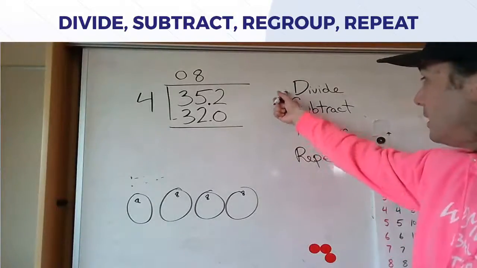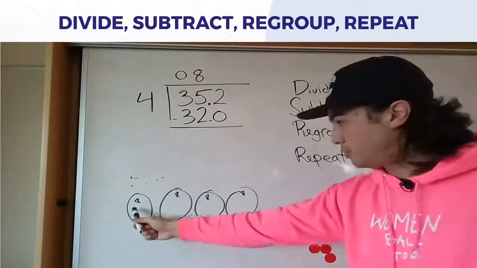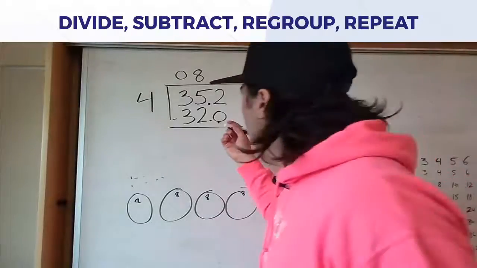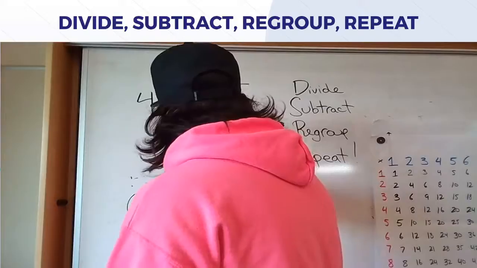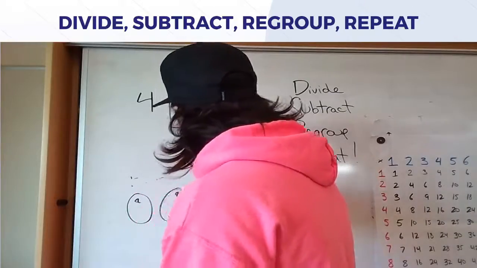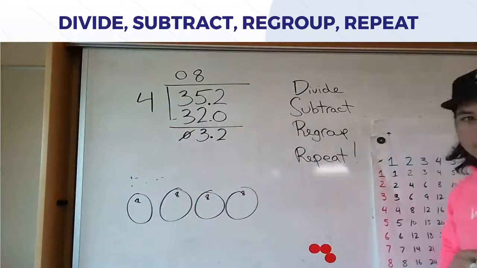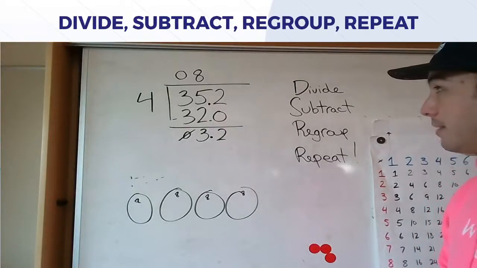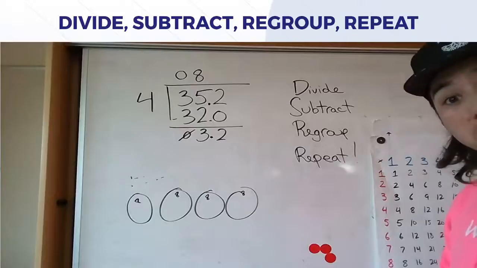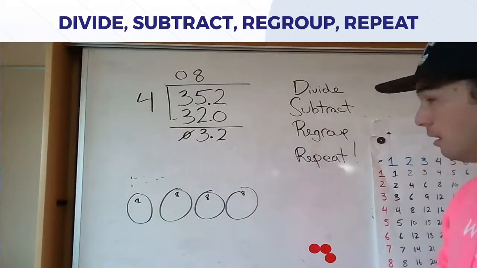Now, we just divided, let's subtract. We just put 32 into groups, so let's subtract it. Okay, we end up with 3 2/10. Interesting. 3 2/10.